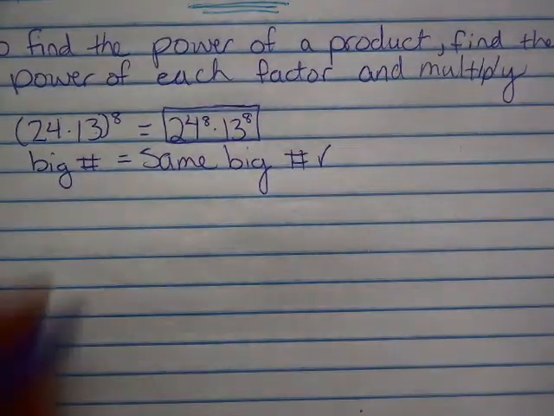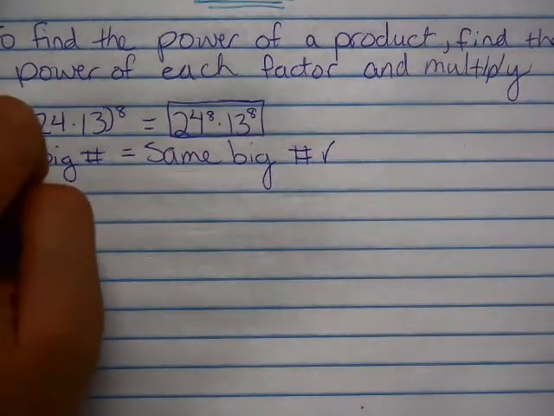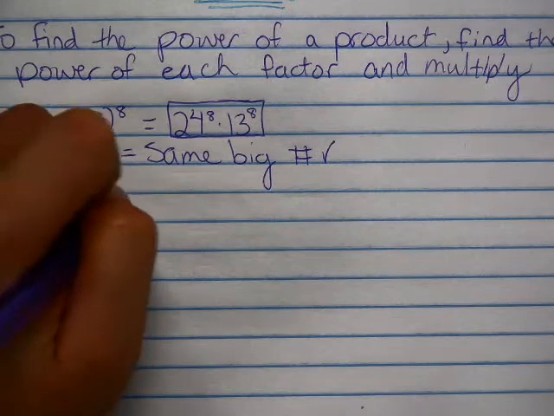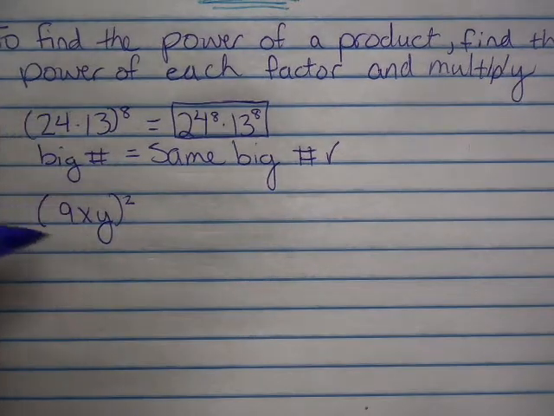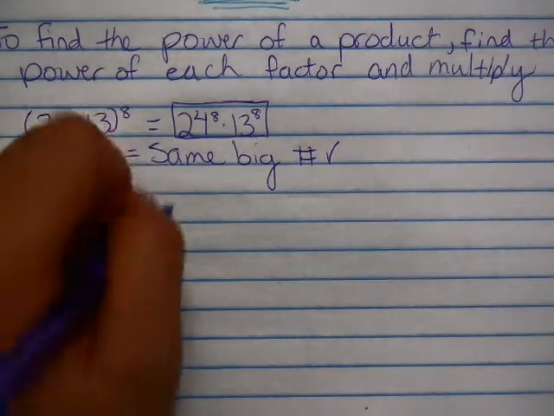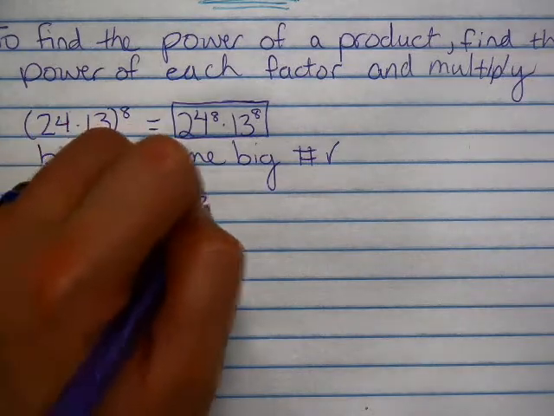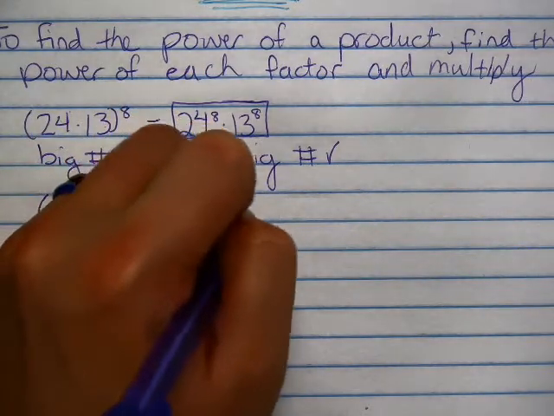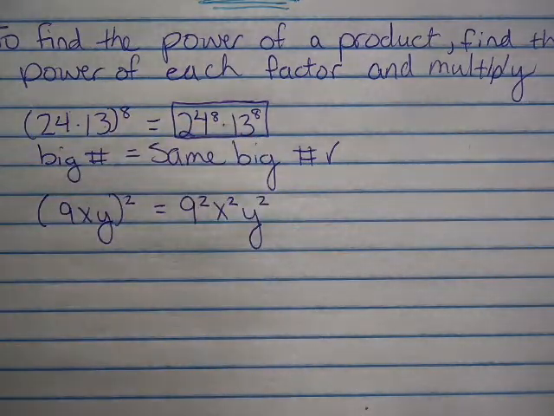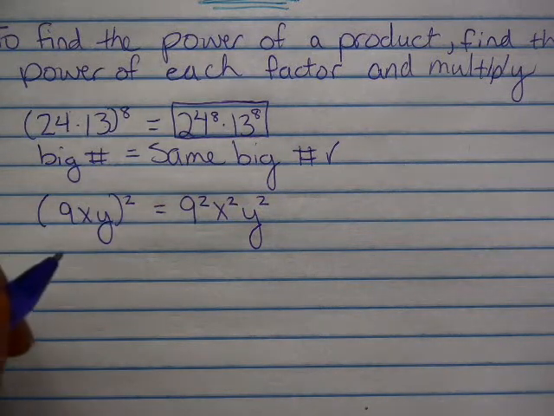Okay, so now let's try another one. (9xy) all squared. So I have to do each thing, even though these all have exponents of 1. I have 9 squared, x squared, y squared. I just put the 2 for each one, and since they all have exponents of 1, I don't even have to think about it that hard.